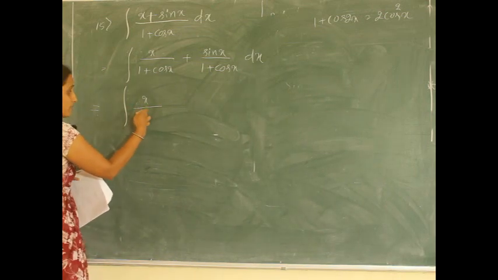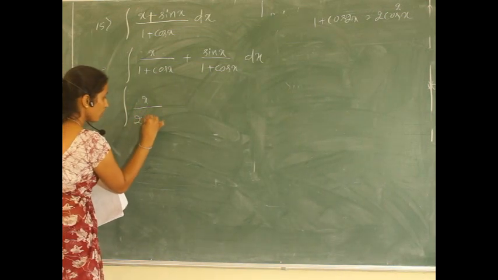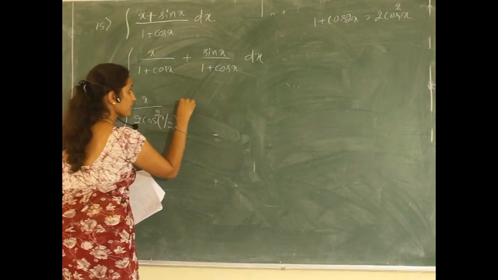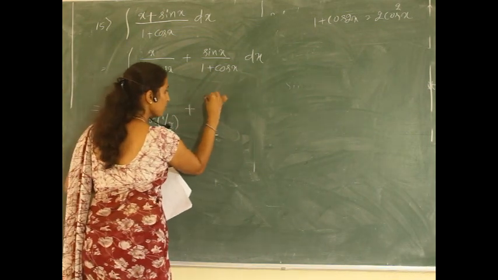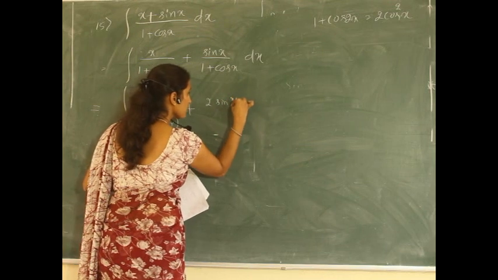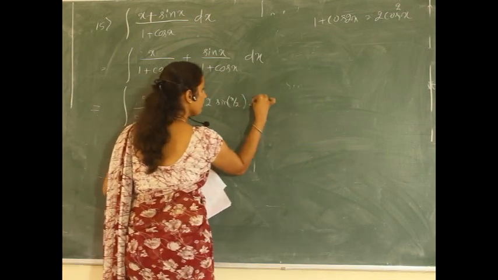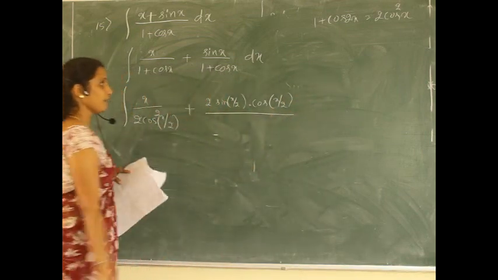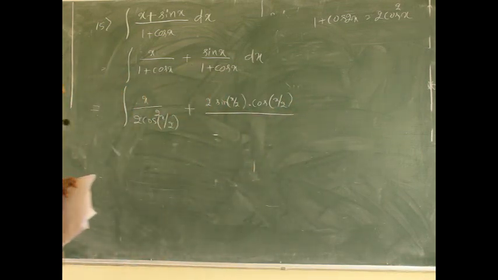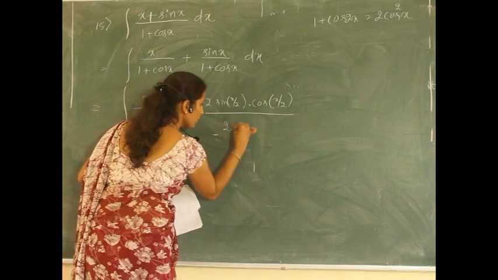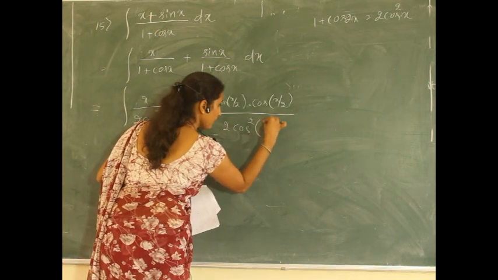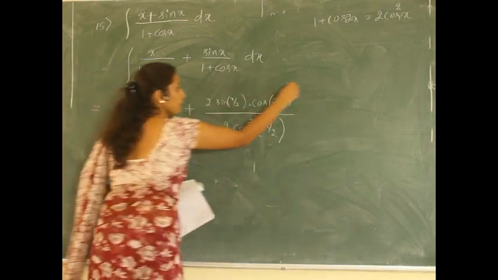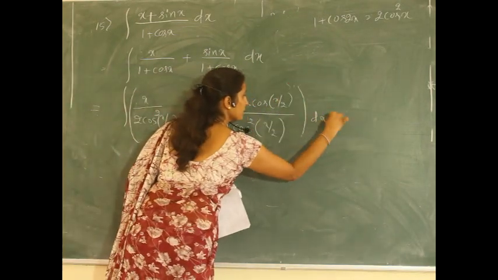So this will be x divided by 2 cos square x by 2, plus sin x can be written as 2 sin x by 2 into cos x by 2, divided by, again, 1 plus cos x which is 2 cos square x by 2, whole thing into dx.